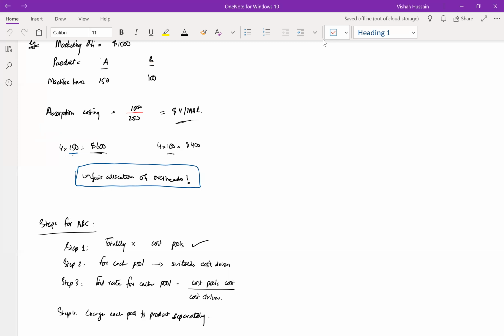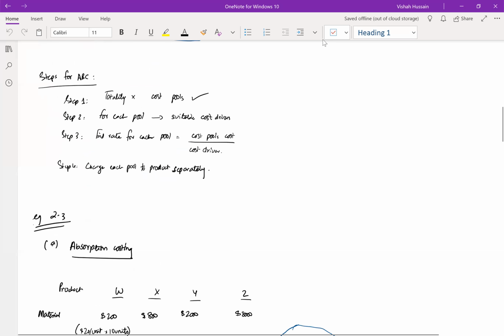The only difference is that our overheads will now come in four different sections. They are going to be written separately. So we are going to divide the overheads into four subsections basically. Just showing you an example.